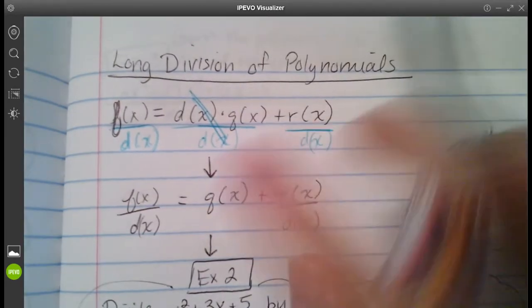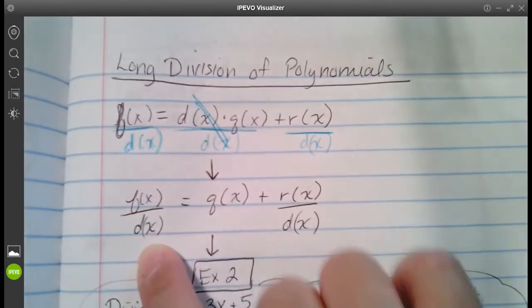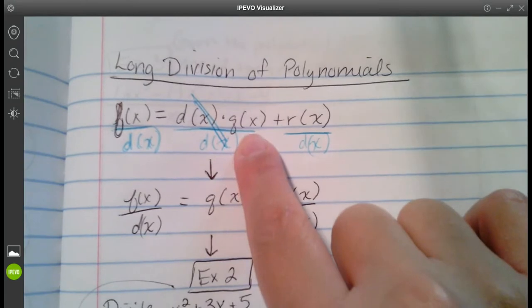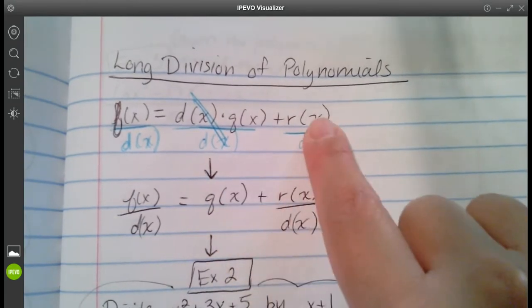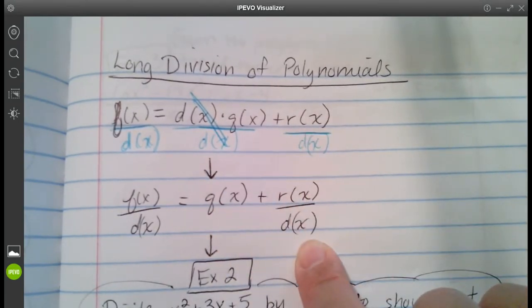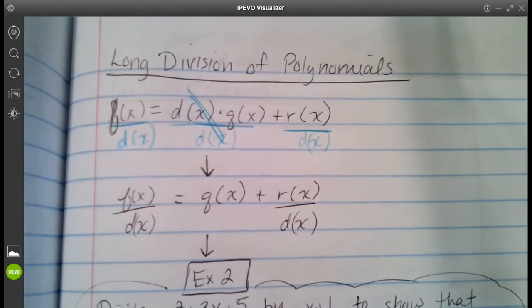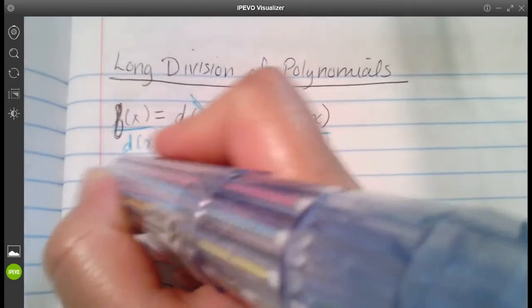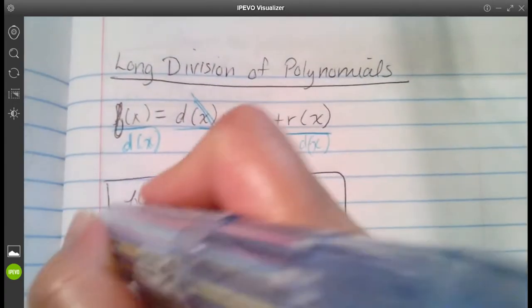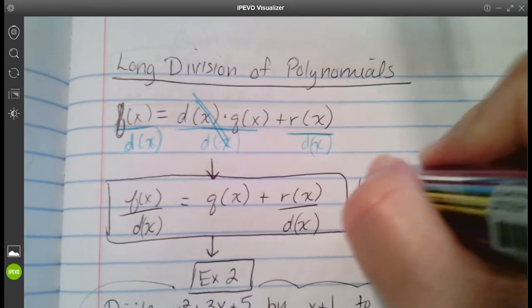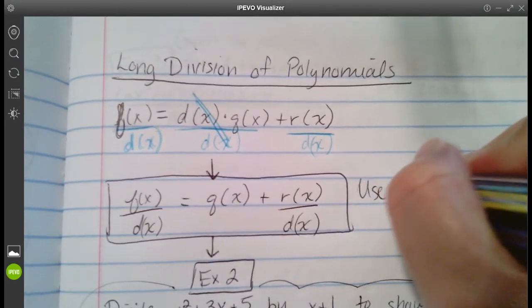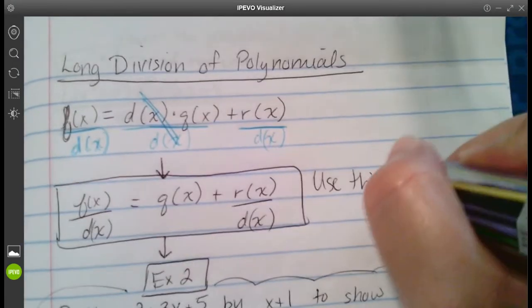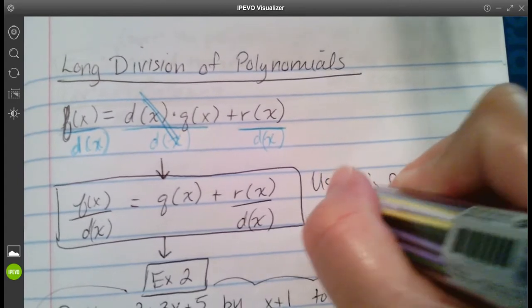We're left with f of x over d of x, so that's this one. Q of x is by itself, plus the remainder over the divisor. So we're actually going to be using this one for what's called long division. We're going to use this format for long division.